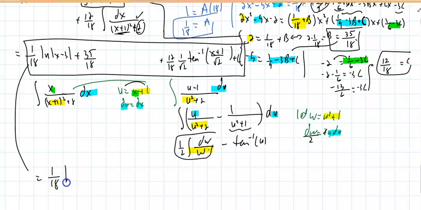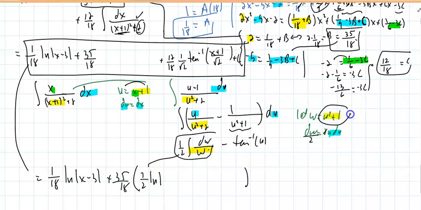That's 1 over 18 natural log of x minus 3 plus 35 over 18 times 1/2 natural log of w. W is u squared plus 1. And u is x plus 1, so x plus 1 squared plus 1. Minus inverse tangent of u.